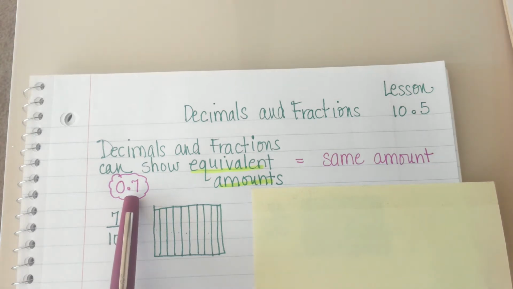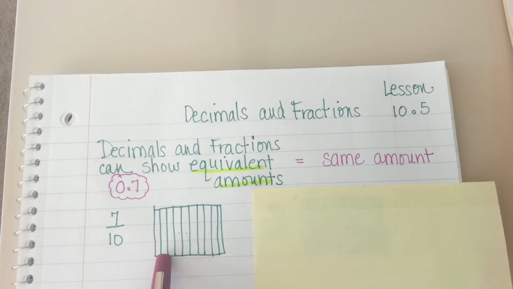So 7/10 in decimal notation, 7/10 in fraction notation. Draw your model, make your rectangle, and divide it into 10 equal parts. Okay, we're going to shade 7 parts.